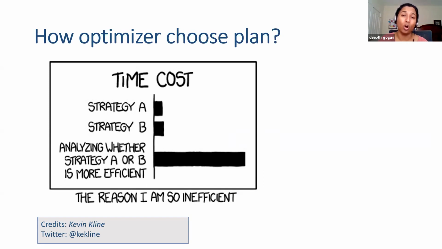But in order for the optimizer to know whether plan A or plan B is better, it has to analyze for at least 5 minutes all those transformation rules. The optimizer doesn't want to do that. It doesn't want to go to the third step. It will just randomly choose plan A or plan B. That is the reason why the optimizer is so quick.